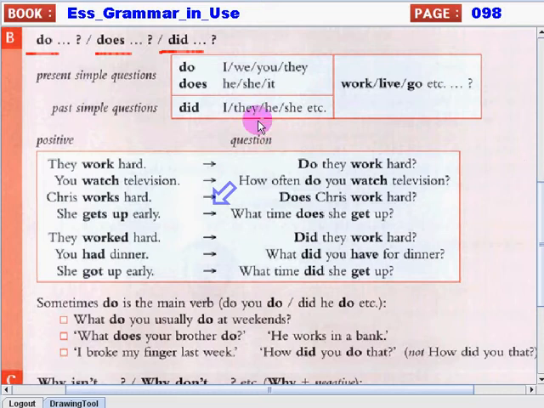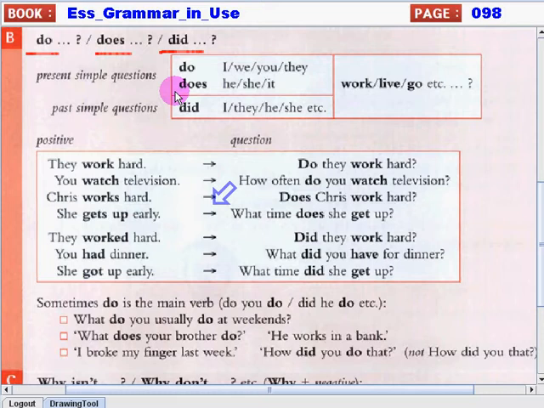Let's make an example sentence here. Do you work every day? Or do you go to work every day? Well, does he eat apple? See that?